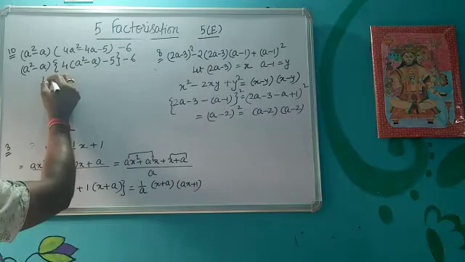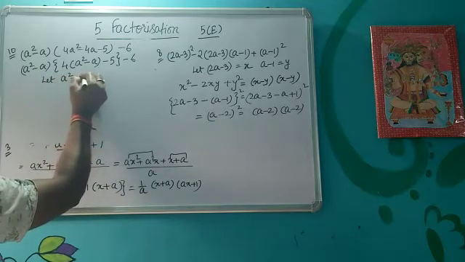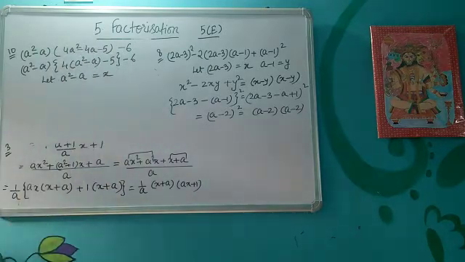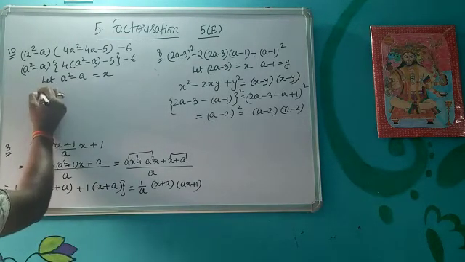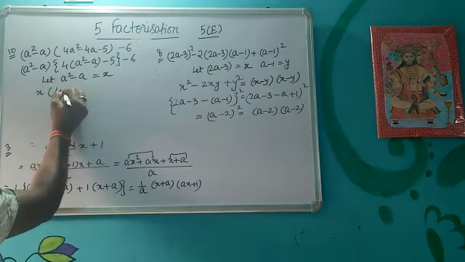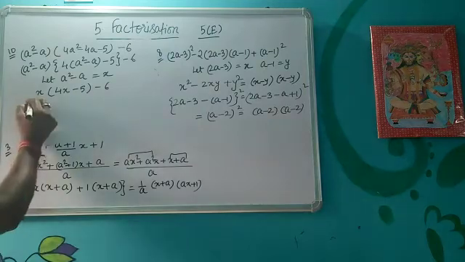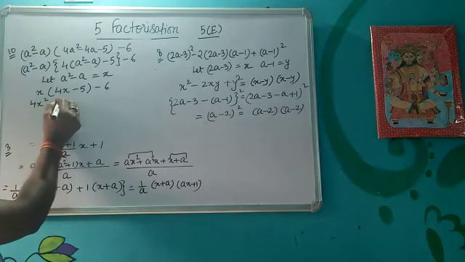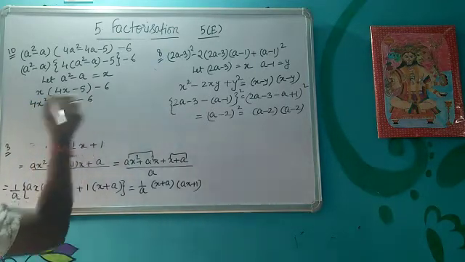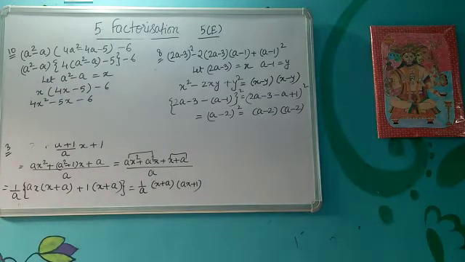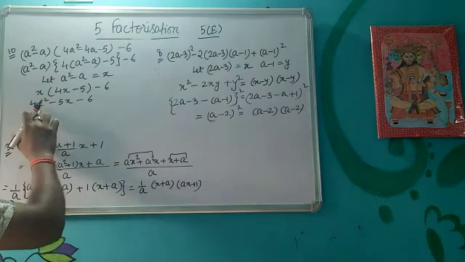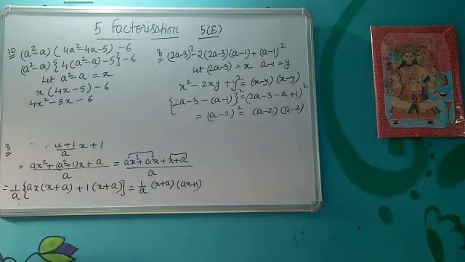Now let a square minus a equal to x, or a, b, whatever you want to take. So it becomes x into 4x minus 5 minus 6. Now when I multiplied inside the bracket, see, it is converted into a familiar expression, that is a quadratic polynomial.